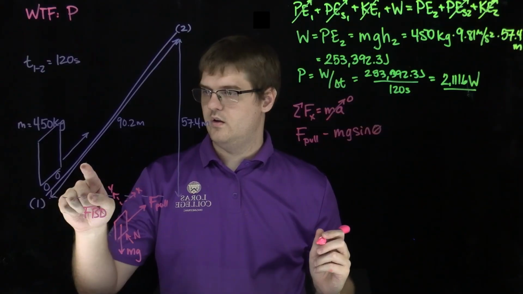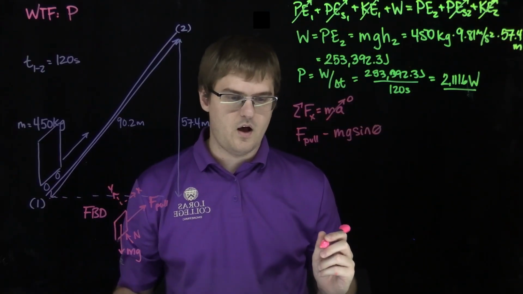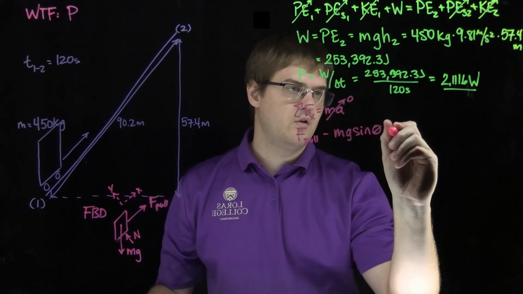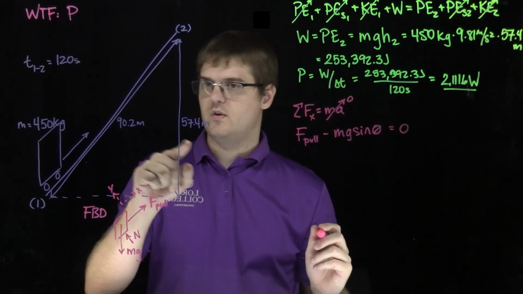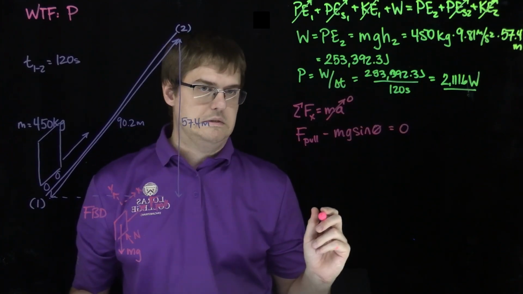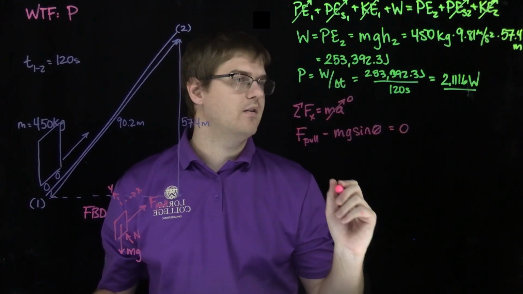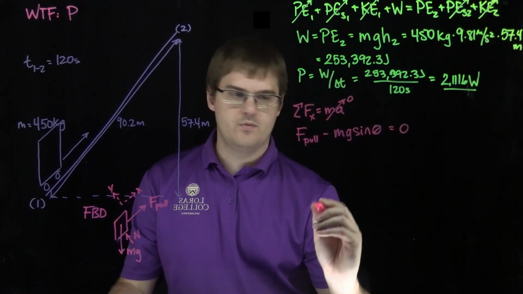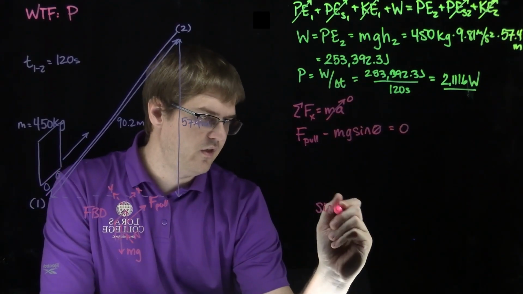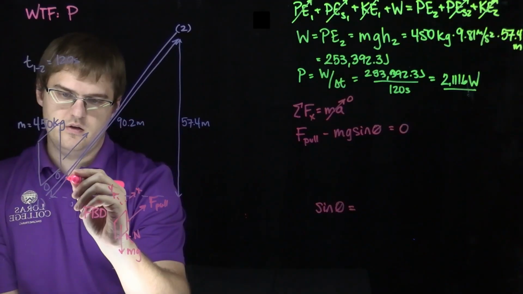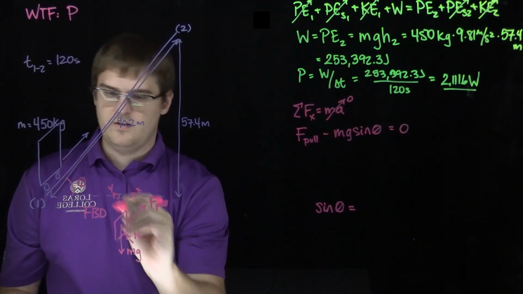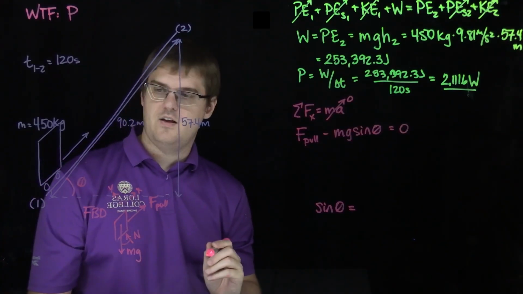Although sine theta, if this is theta, sine is opposite over hypotenuse, and I don't even have to find that piece because opposite over hypotenuse is 57.4 divided by 90.2. We should probably find it so I don't throw people off. So we'll go down here, we'll say sine of theta. This is my theta. Because remember, when we're doing these free body diagrams, this theta is the same as that theta.